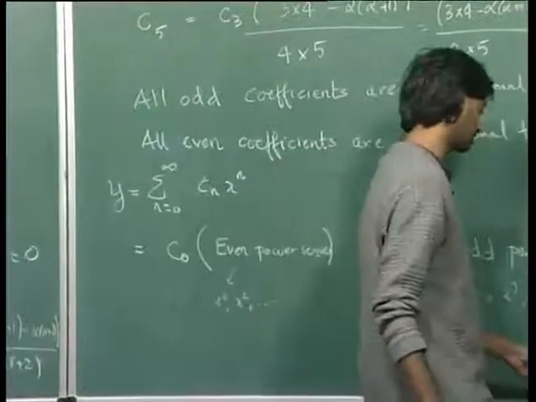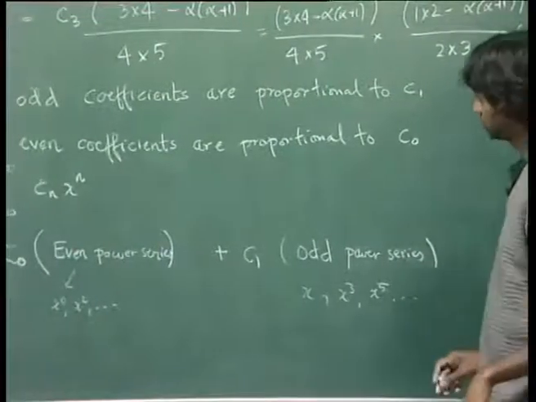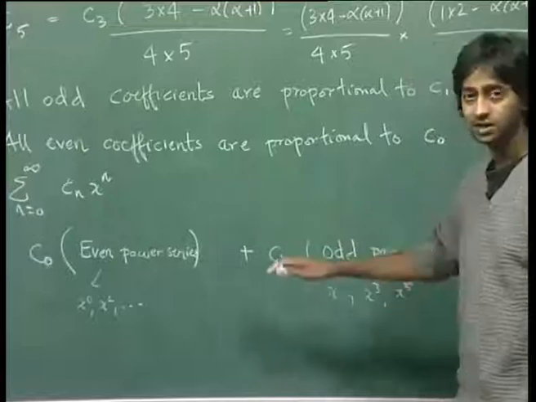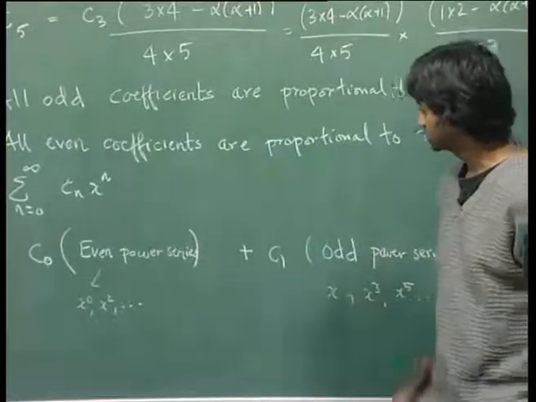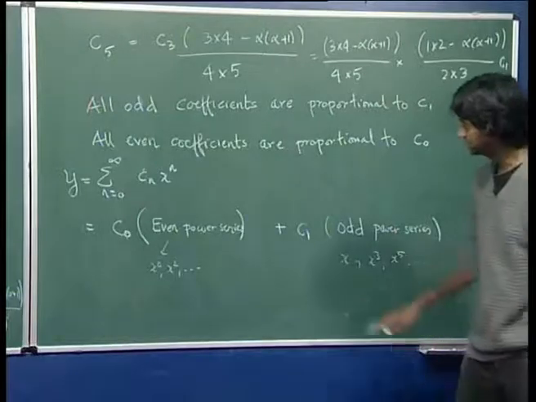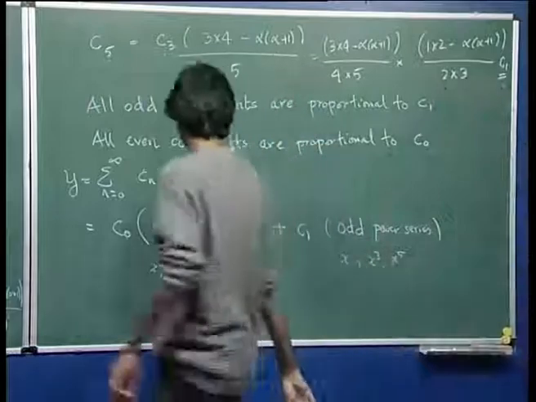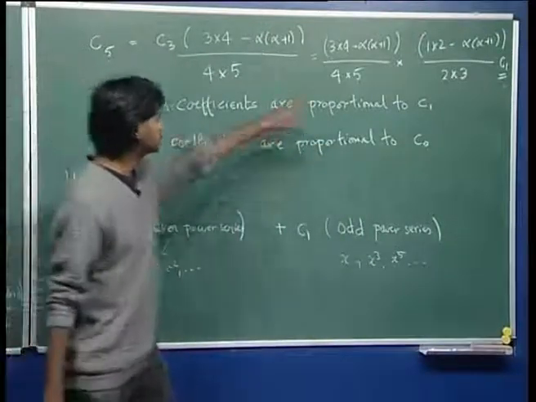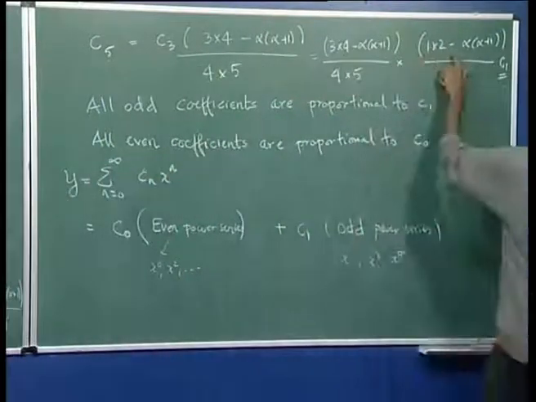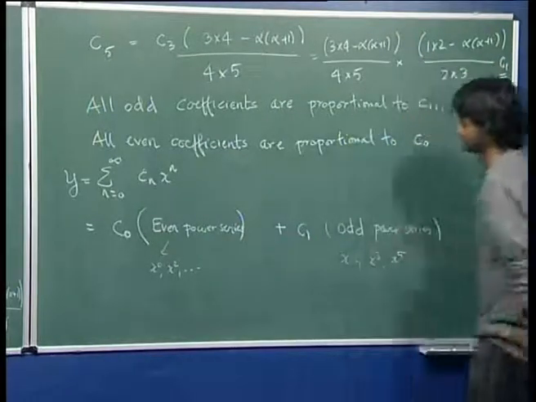So, the number of terms can go all the way to infinity. Okay. So, what we have shown by this argument is that all the even terms are proportional to C0, all the odd terms are proportional to C1, and in terms of C0 you know these constants exactly. So, there are no undetermined terms in this.